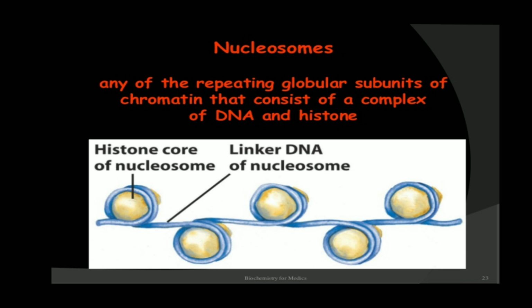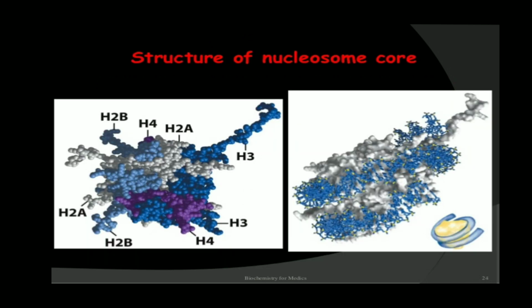The linkage between nucleosomes is called linker DNA, because it forms the linkage between two nucleosomes. The core structure of the histone proteins and nucleosomes is described in this photograph.